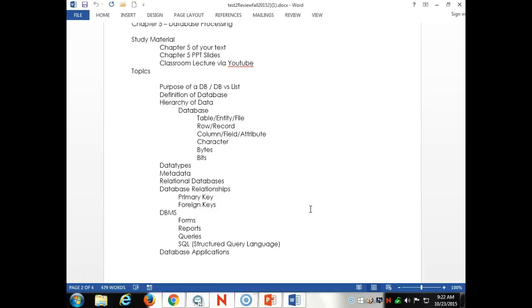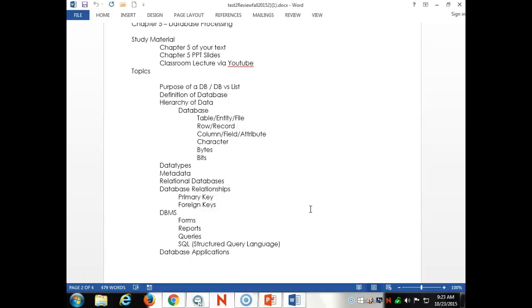The next level down is rows or records. In this table, there's going to be a student record for Elena, a student record for Aaron. Those are called rows or records. Those records or rows are made up of fields or columns. In the Elena row, we store her GPA, her address.